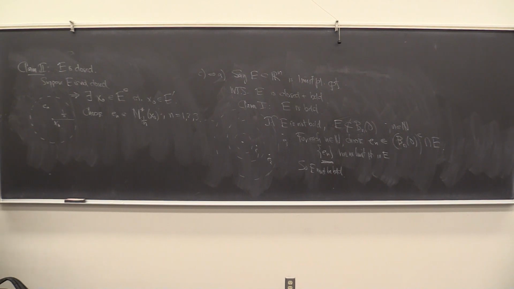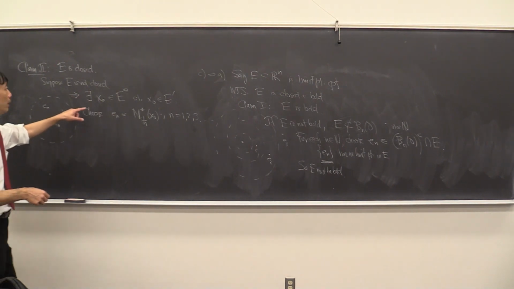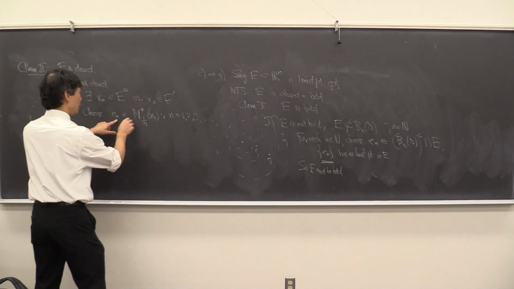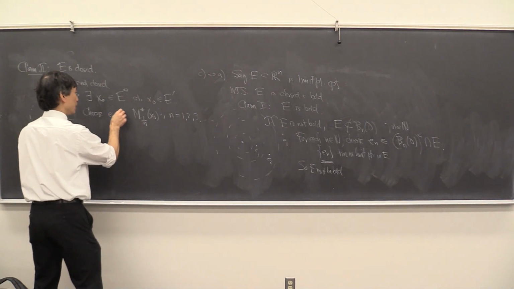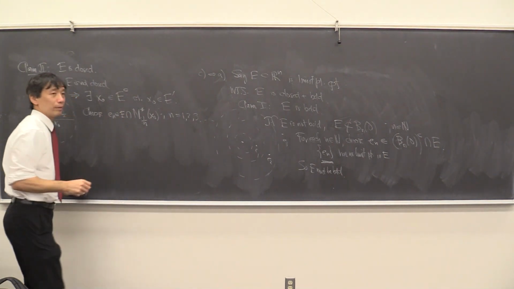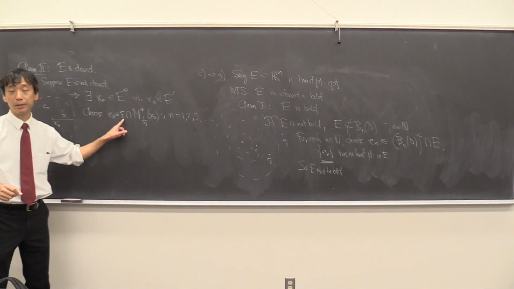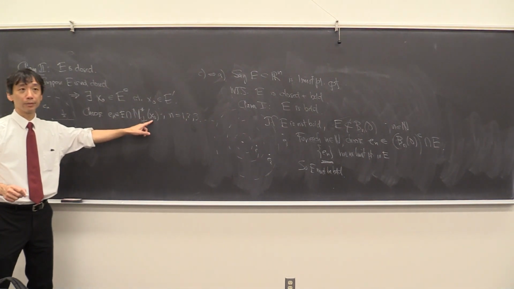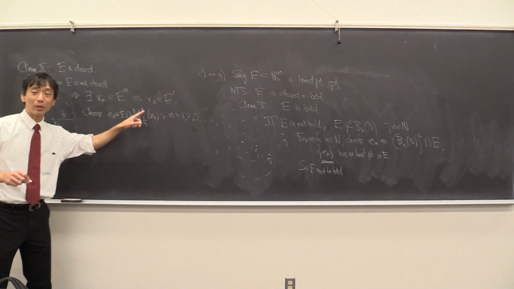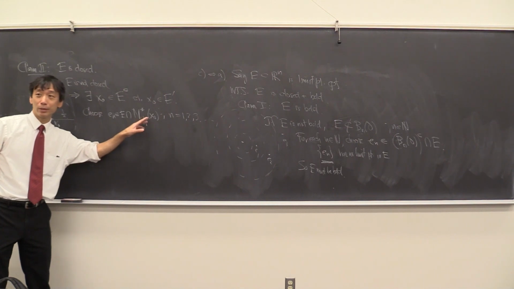So choose E sub n lying in E intersect that. Right? We know that there's somebody in there, because x naught is a limit point. Everybody okay? Following? Okay.